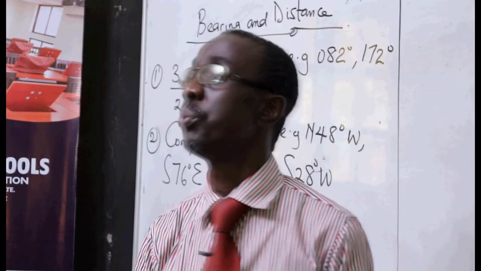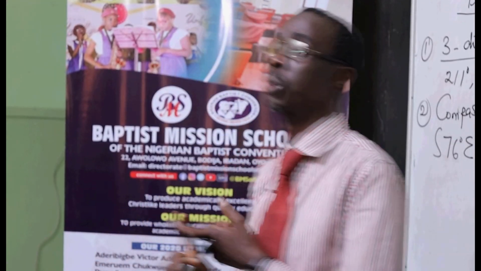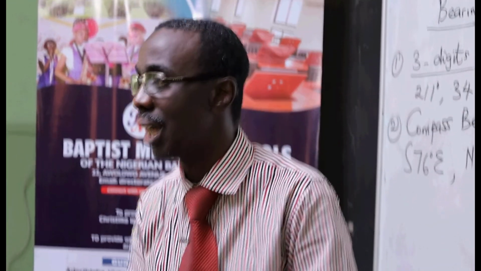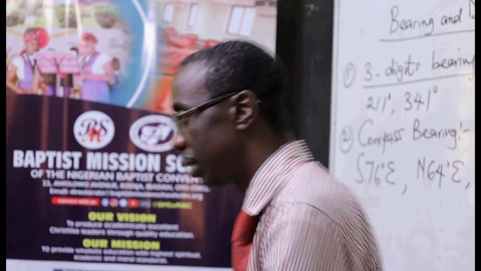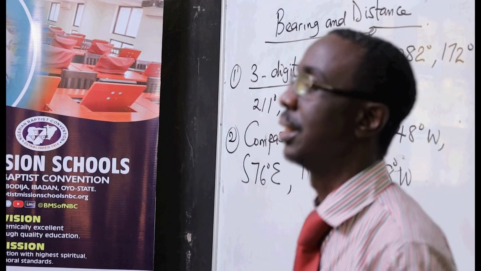It should also be emphasized that when you are drawing a diagram in bearing, we cannot draw a diagram without the 4 cardinal points. You must start your bearing with the 4 cardinal points.